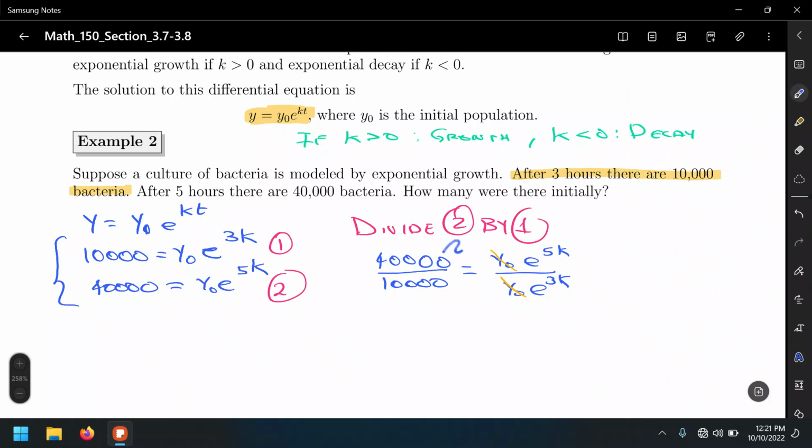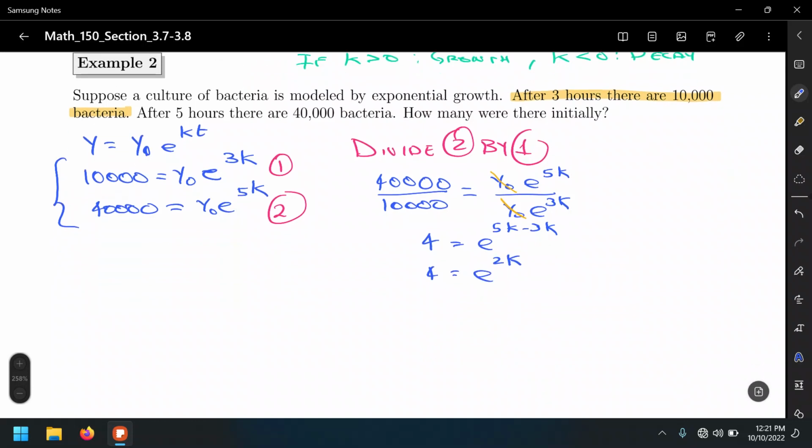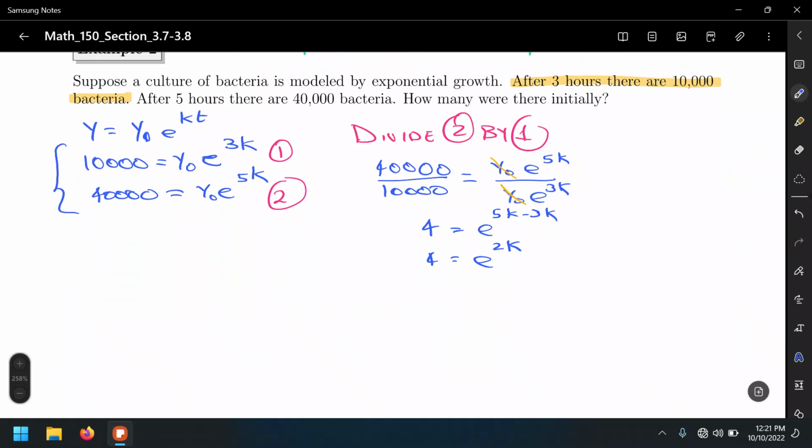And so 40,000 over 10,000, that's a 4, equals e to the 5k minus 3k, which is e to the 2k. All right, and we can keep solving this equation for k, which is the constant of proportionality, or the rate constant.